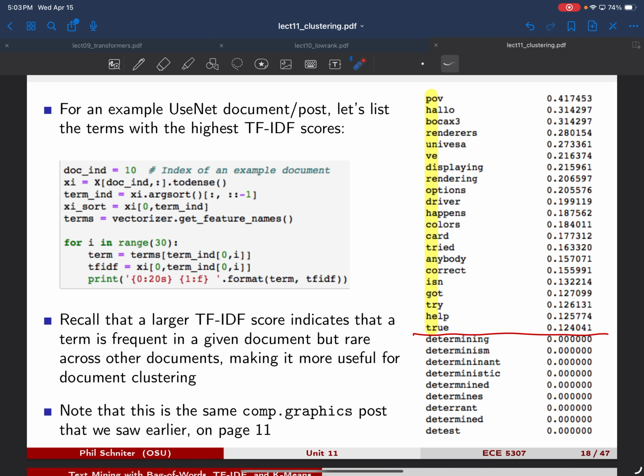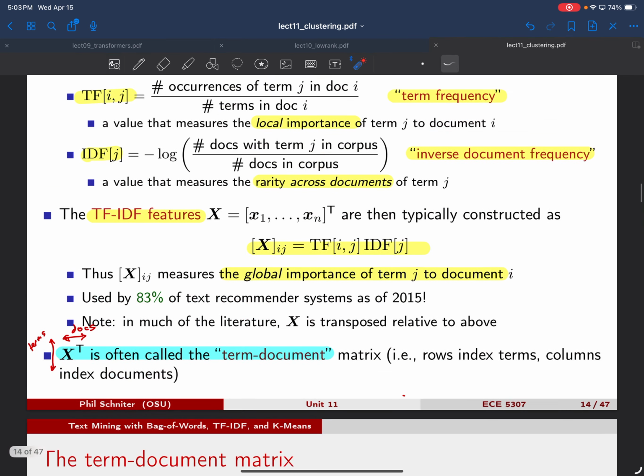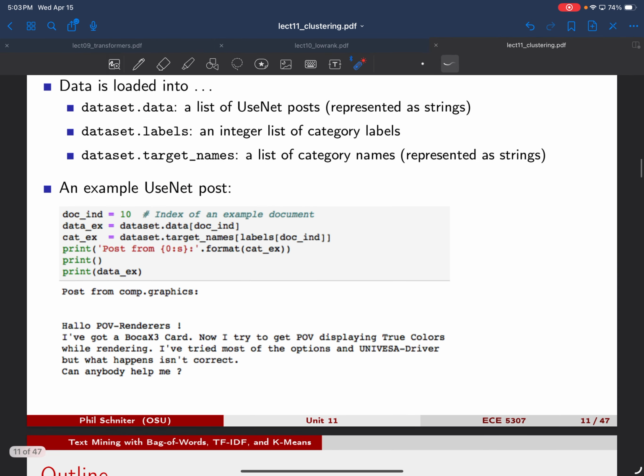Now, why is POV higher than the other 2? If we go back to the document itself, we can see that POV came up twice, whereas these other very rare terms came up once.